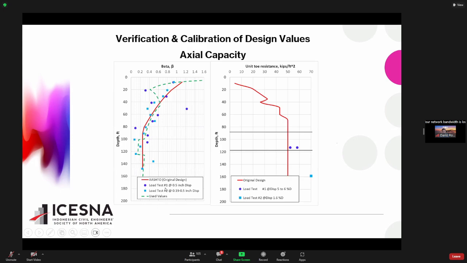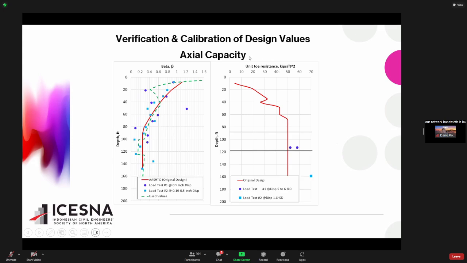In general they are quite consistent, not that bad actually, but we finally tried to optimize the design by using the green line. The green line is the adjusted, calibrated beta value for our pile. So we recomputed our pile design using this green line to estimate our capacity.